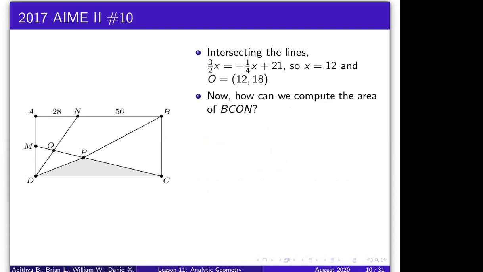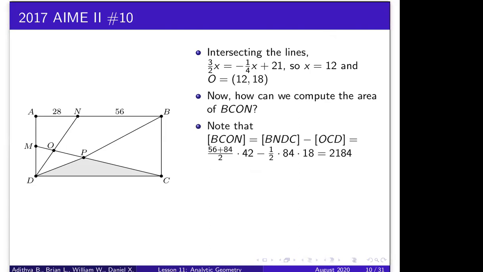And we already know both the area of the trapezoid and the area of the triangle, because the trapezoid can be just computed by (56 plus 84) over 2 times its height, which is 42. And we know the height and the base of the triangle, so it's 1/2 times 84 times 18. And crunching the numbers, we get 2,184.